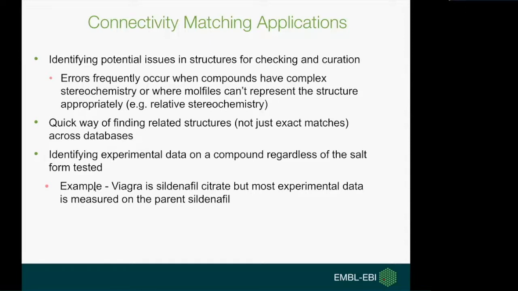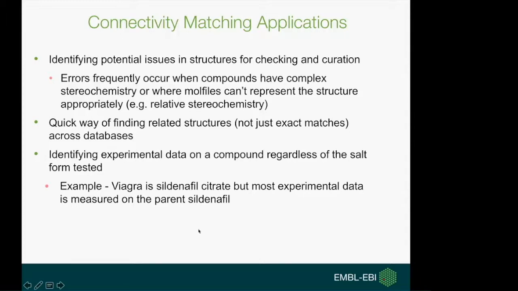Obviously we can extend what I was talking about earlier, where if you've got a molecule you're interested in, you can search databases and find not only the exact matches, but these related compounds. And then you can find experimental data on a compound regardless of the salt that's been tested. This is an example I like.